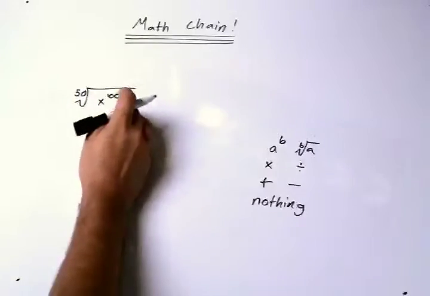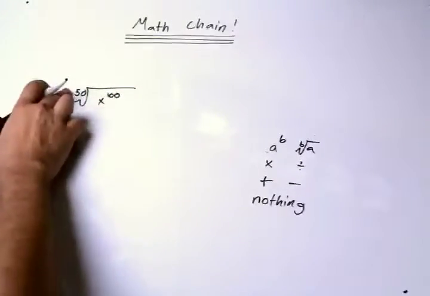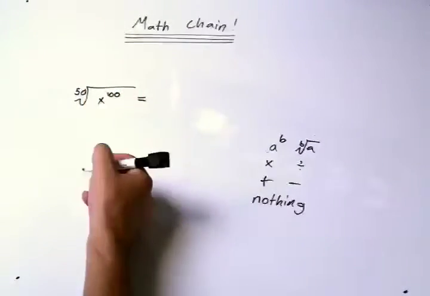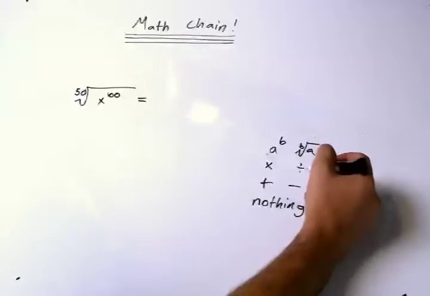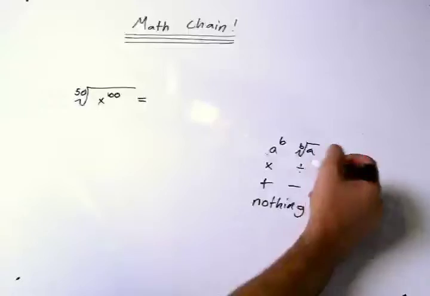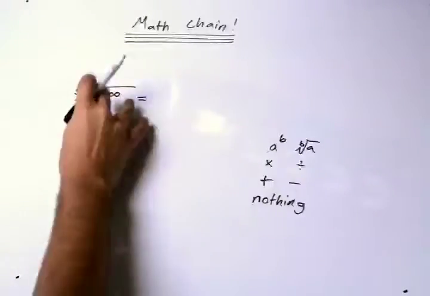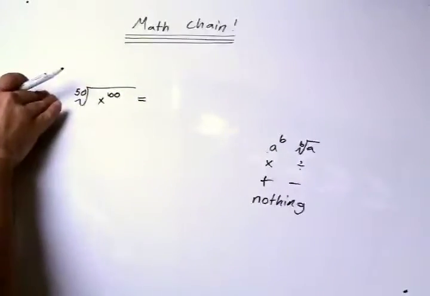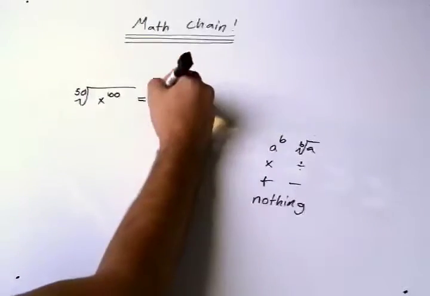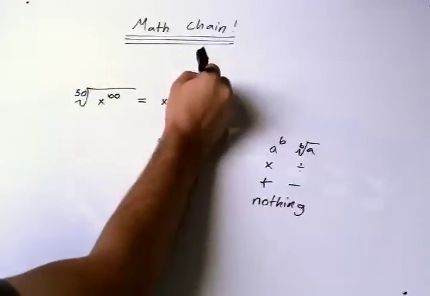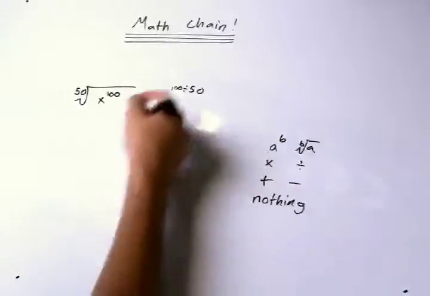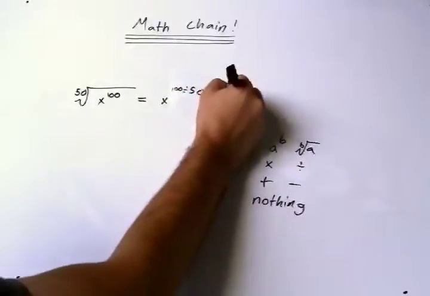It would take me a while, and then I would have to match them up looking for sets of 50, but we can apply the shortcut. Since I'm at the root stage, I should go one step lower and divide my powers. And whenever you're over here, you always divide from the inside to the outside, meaning it should be x to the 100 divided by 50 power. And that simplifies to x squared.